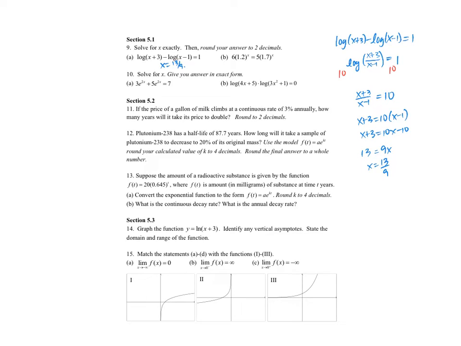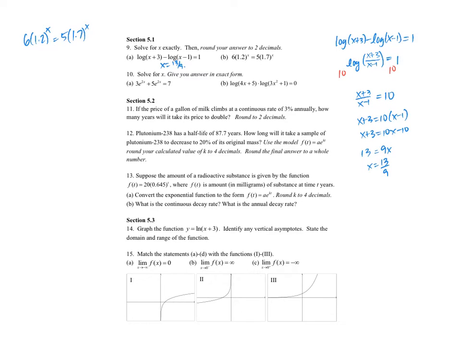Okay, and on part B, I get 6 times 1.2 to the x equals 5 times 1.7 to the x. I think the first thing I would do is notice that I have different bases here.